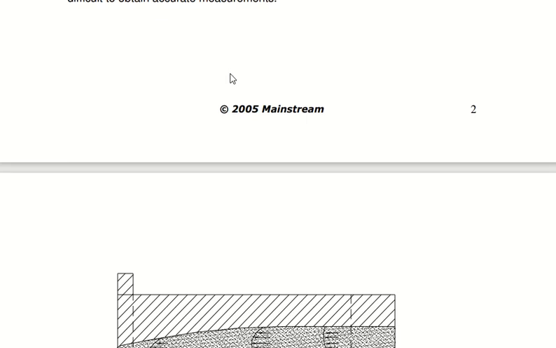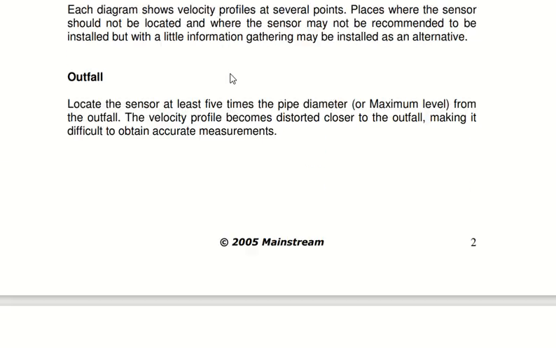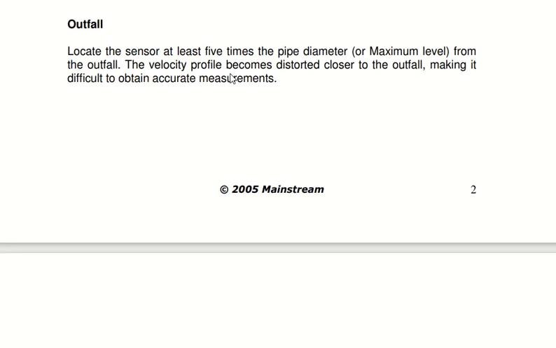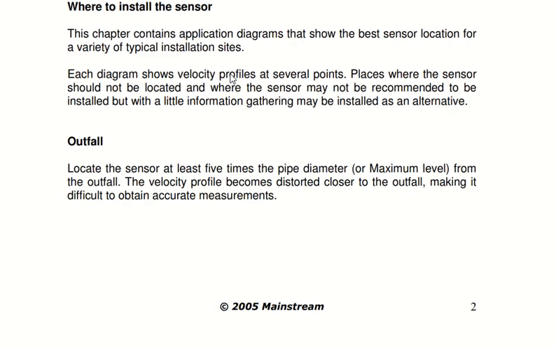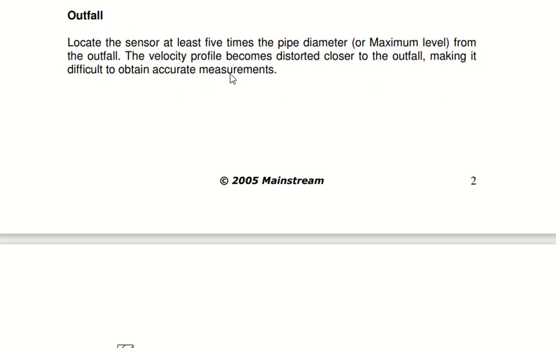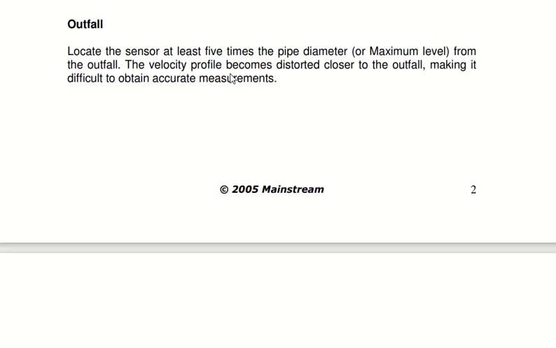So let me take you to the sensor diagrams. In these, each diagram will show the velocity profile at several points, which places the sensor should not be located and where the sensor may not be recommended to be installed. But with a little information gathering, it becomes easy to understand where we need to install the sensor.